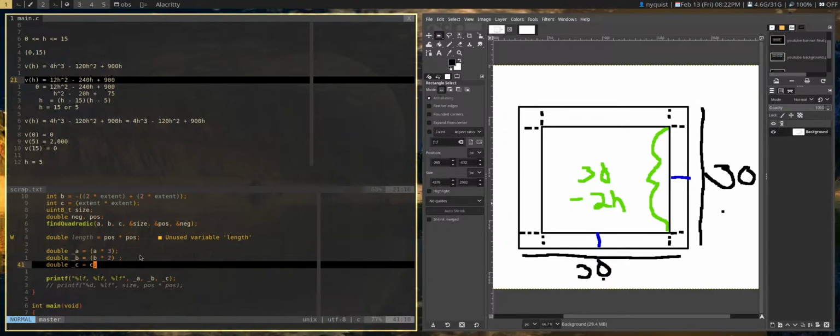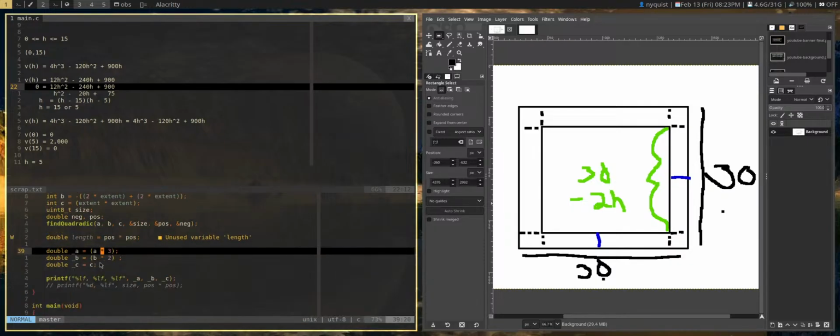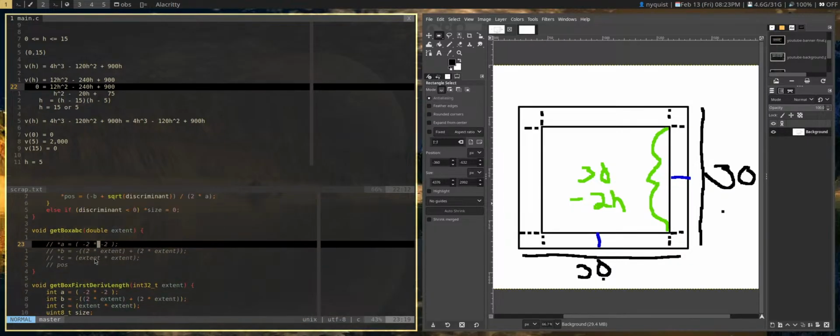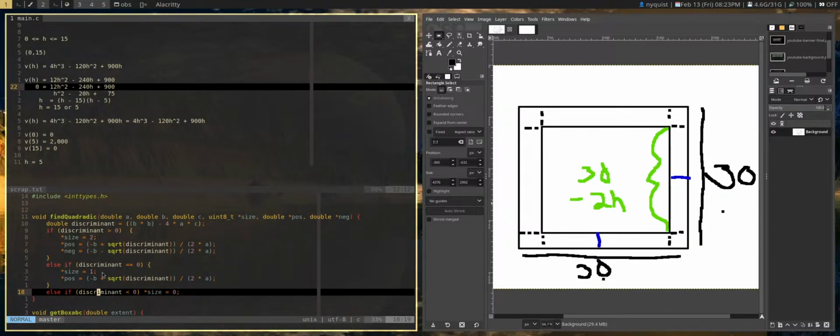How do I find two numbers that multiply this? And then we have to set it, even before that, we have to set it equal to 0. How am I going to programmatically do that? This is where doing things this way kind of sucks.